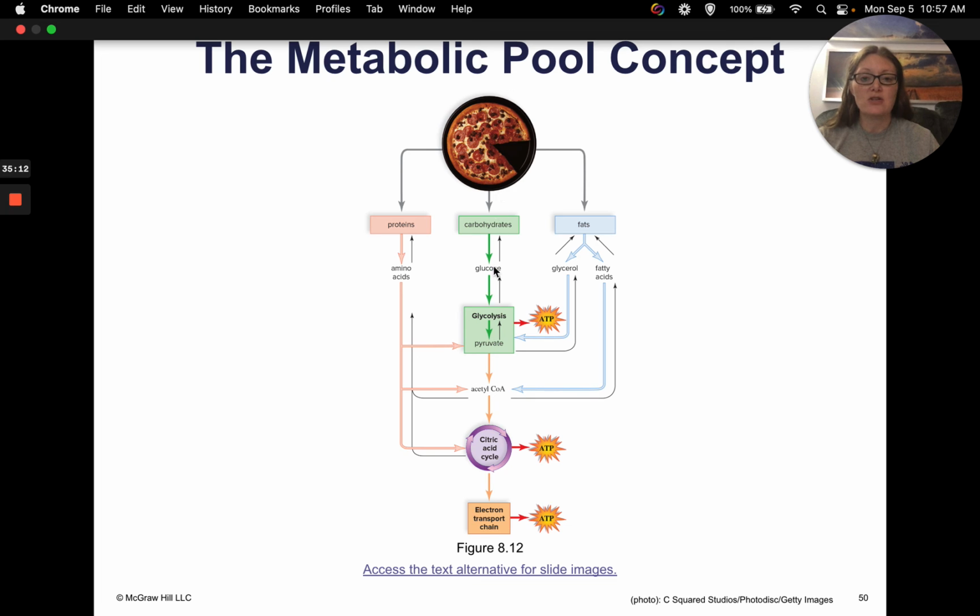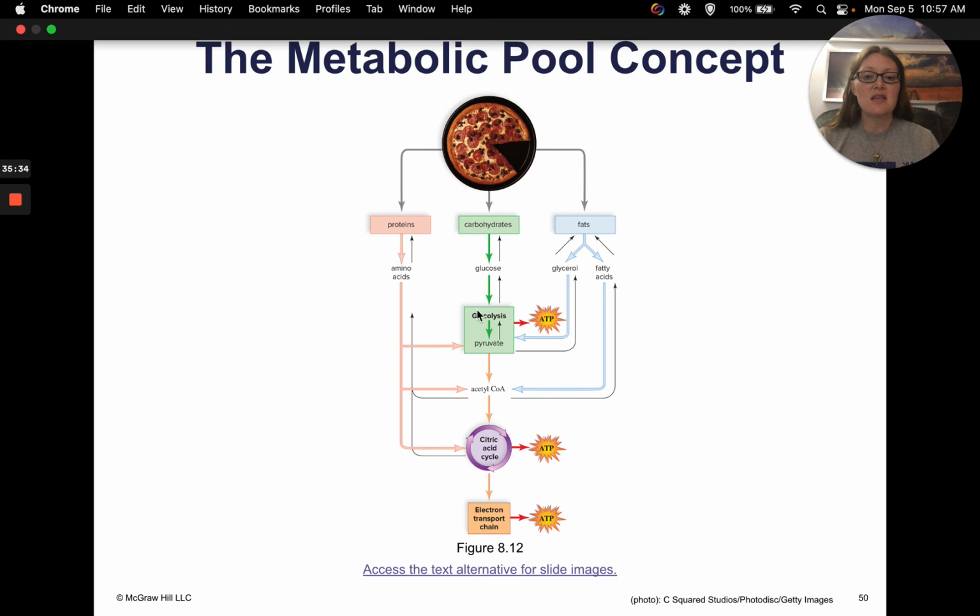Now carbohydrate, of course, is going to go directly into the glycolysis, but if you have fats or lipids, then they get broken down into their glycerol heads and their fatty acid tails. The glycerol heads can go into the glycolysis process, whereas the fatty acid tails skip that process and go right to the acetyl-CoA formation to be broken down.